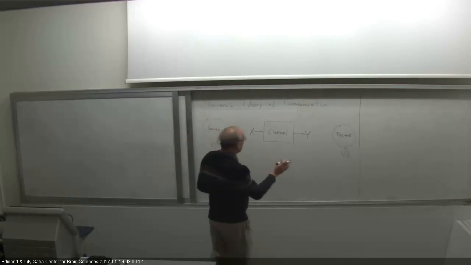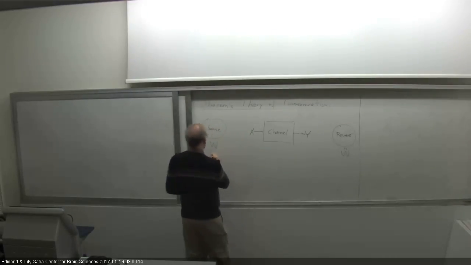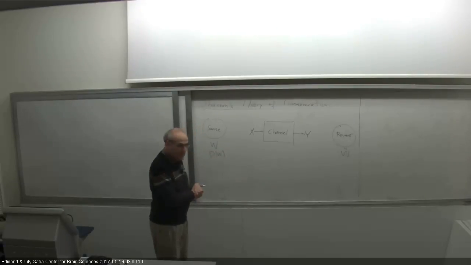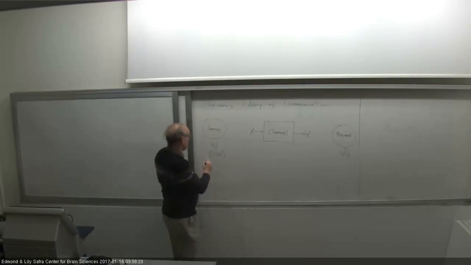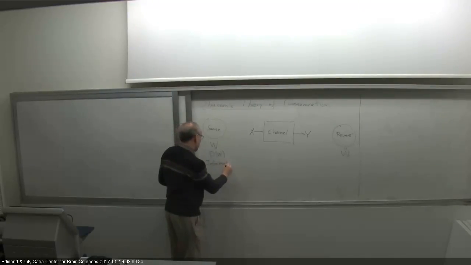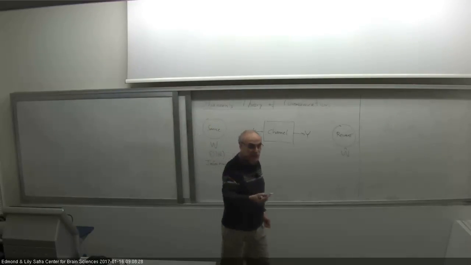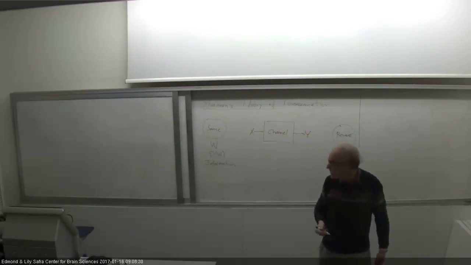Okay, so as I said already, the source is characterized by a distribution of messages. It's actually what we call an information source, which means it generates messages as a function of time, all the time.